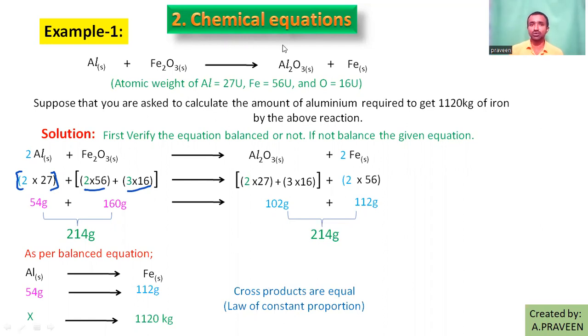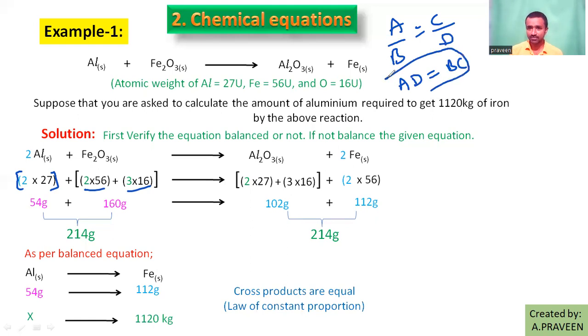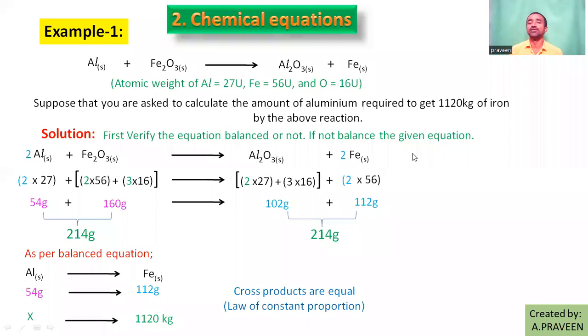Suppose two ratios are equal: A by B is equal to C by D. This expression can also be written as A into D equals B into C. Is it or not? The ratio can also be expressed as cross products being equal, so we are going for cross products here.